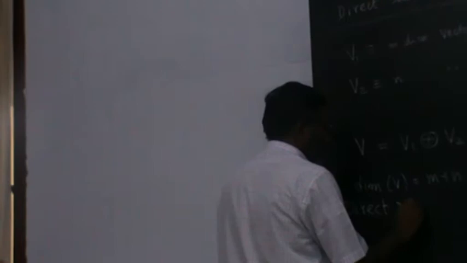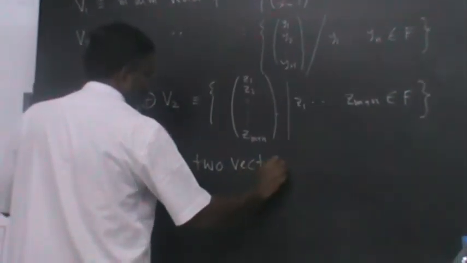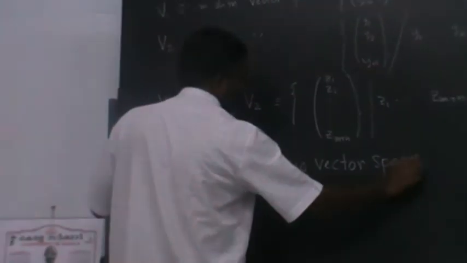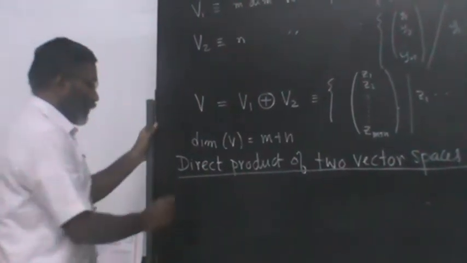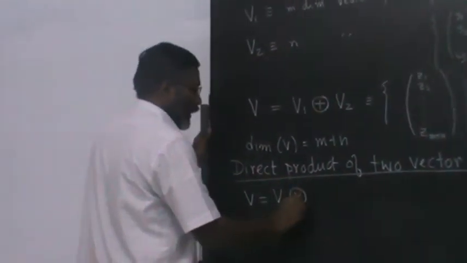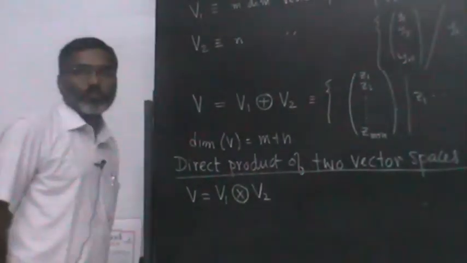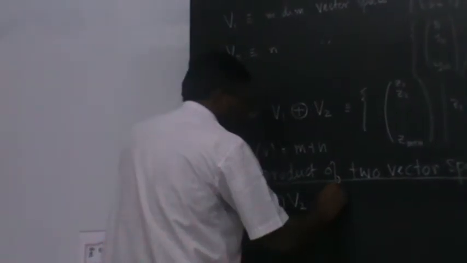Now we talk about direct product. Say these two are vector spaces. Direct product is defined as V1 direct product V2. Please look at this carefully.